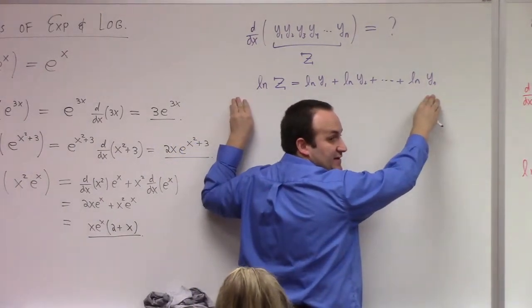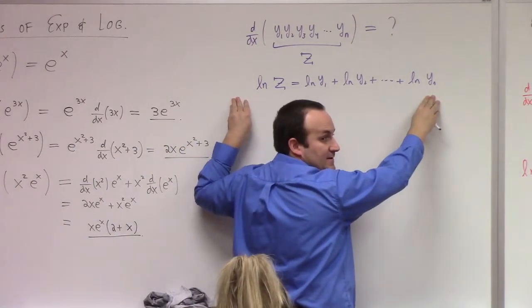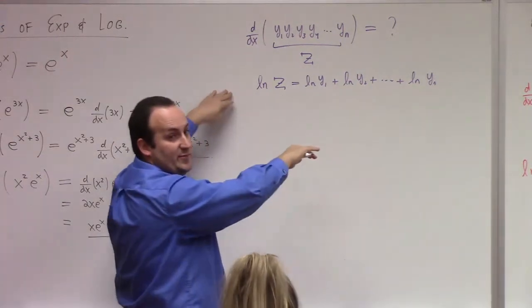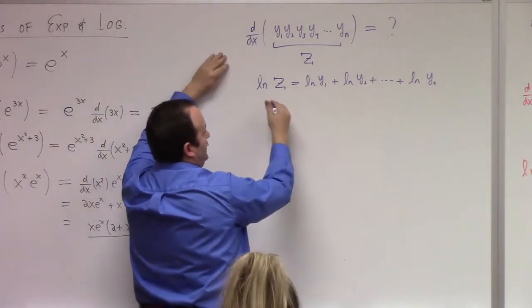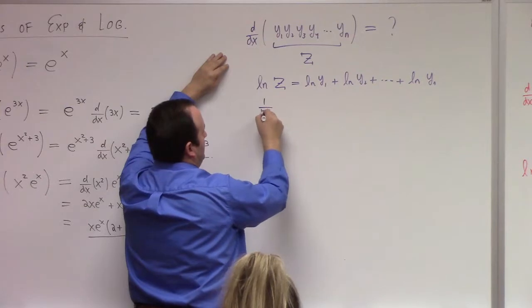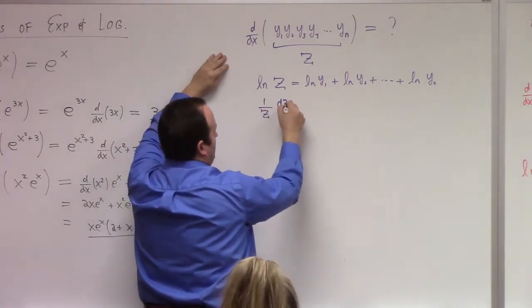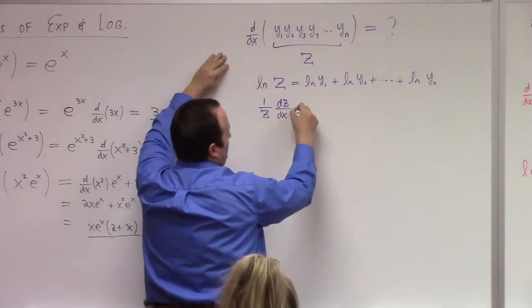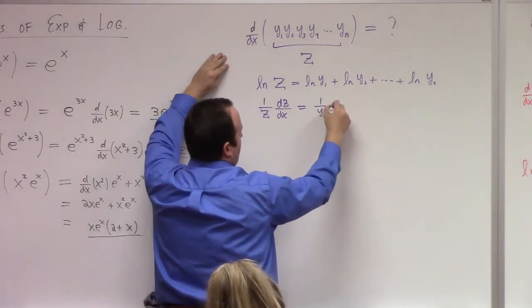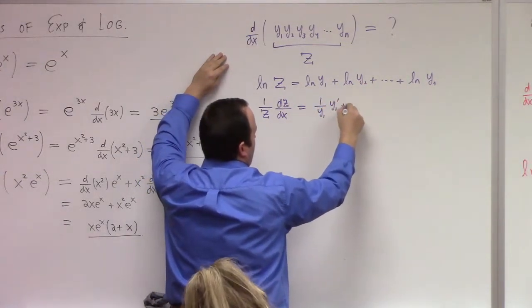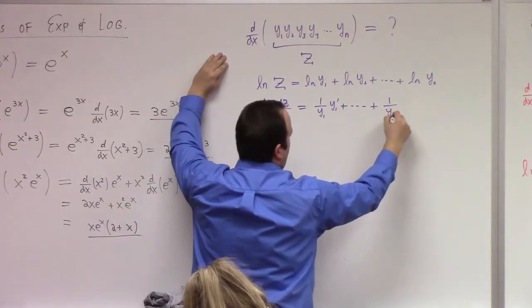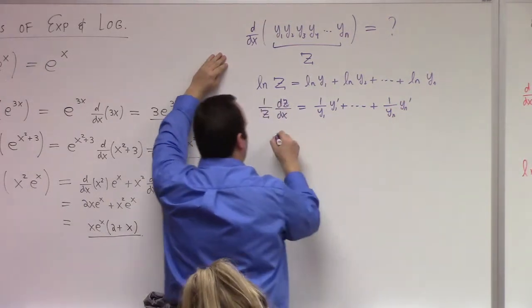Which do you want to differentiate, a product or a sum? I want to differentiate a sum. Sums are way easy to differentiate. And then you differentiate this, you get like 1 over z, dz dx, and then 1 over y1, y1 prime, plus ... plus 1 over yn, yn prime, and then you solve for dz dx.